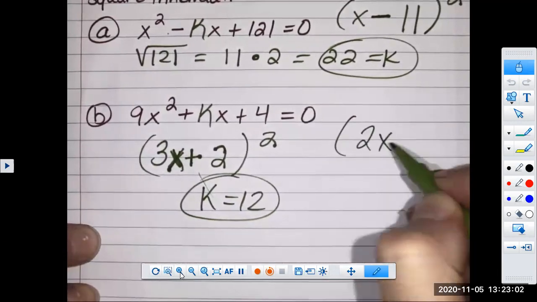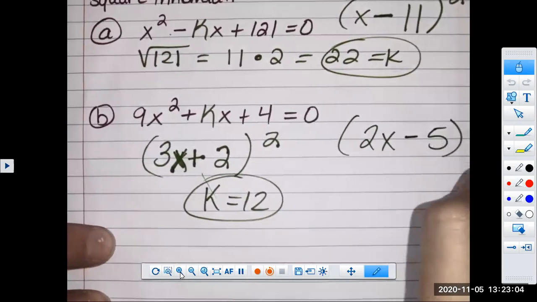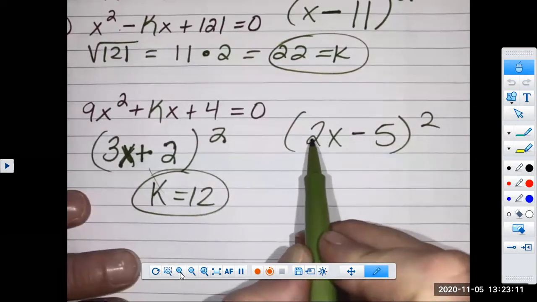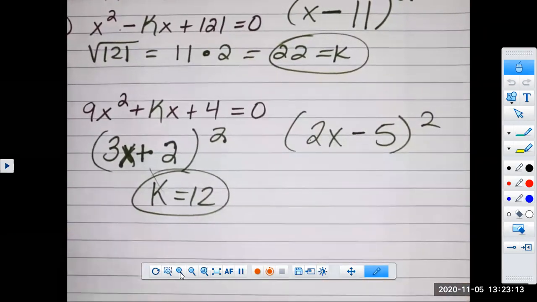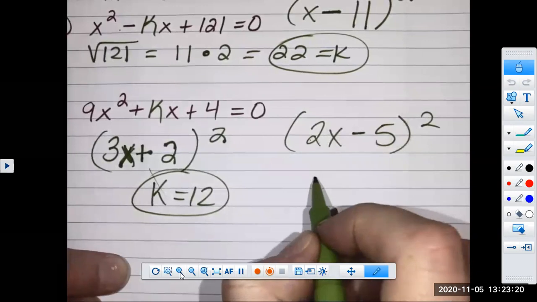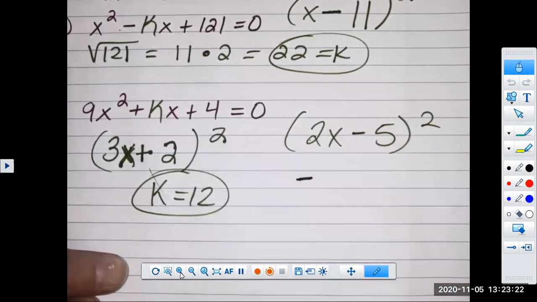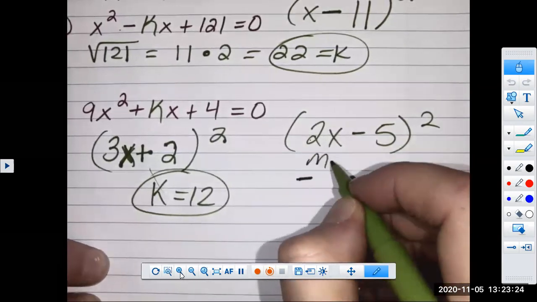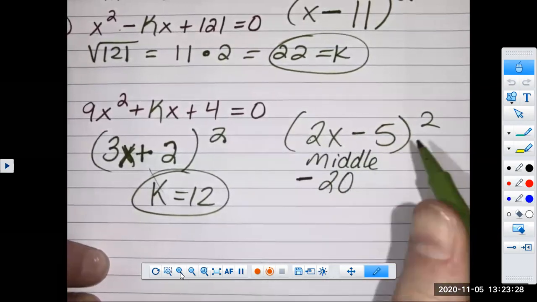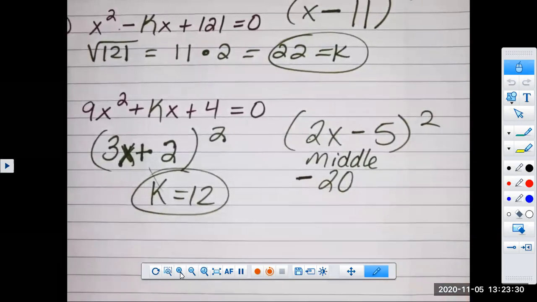If I have this binomial squared, (2x - 5)^2, and I want to find my middle term without doing any work, then I'm going to multiply 2 and 5 and double it. I'm going to take this sign, so I multiply -2 and 5, and if you do that and double it, what do you get? -20. So -20 would be your middle term coefficient.